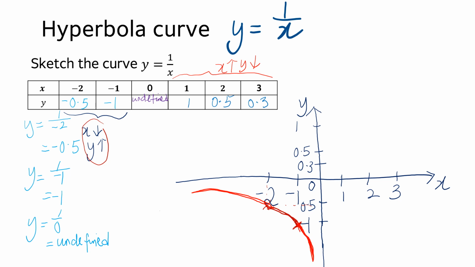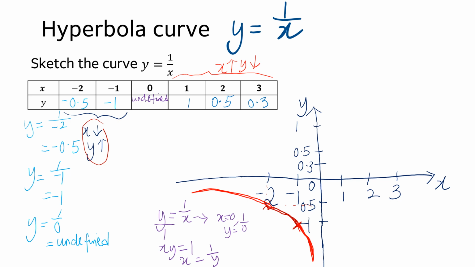If you have y equals 1 over x, and I cross multiply, I get xy equals 1, so x equals 1 over y. If I want to find my y-intercept, I let x equal 0, and I have 1 over 0.